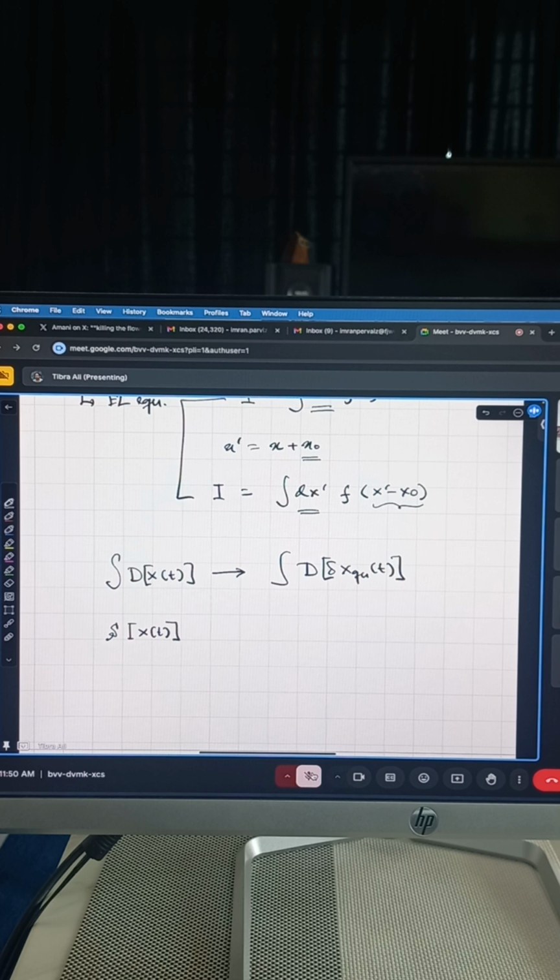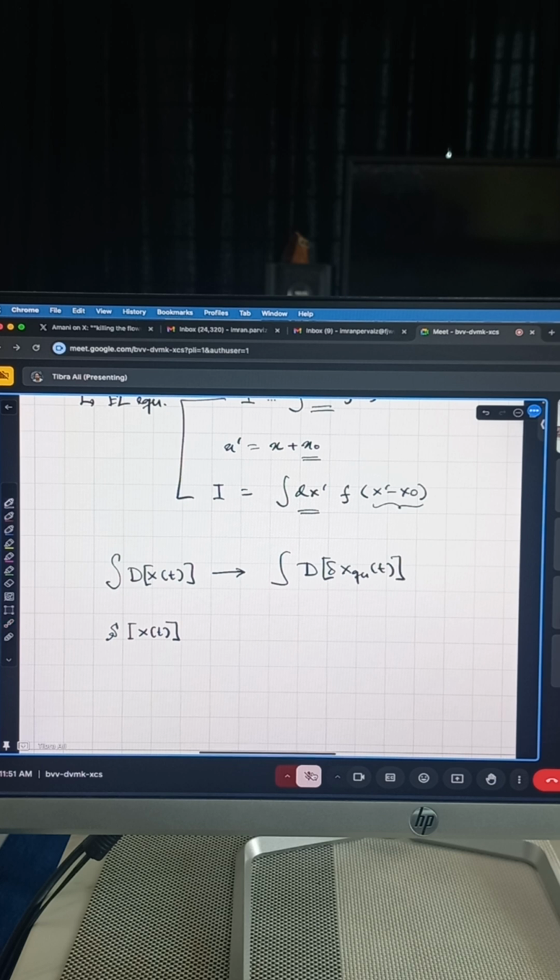The action, as you remember, is a functional, meaning that it's a map from the space of functions to the real numbers, because what value of action you get depends on the function you choose, the path you choose.